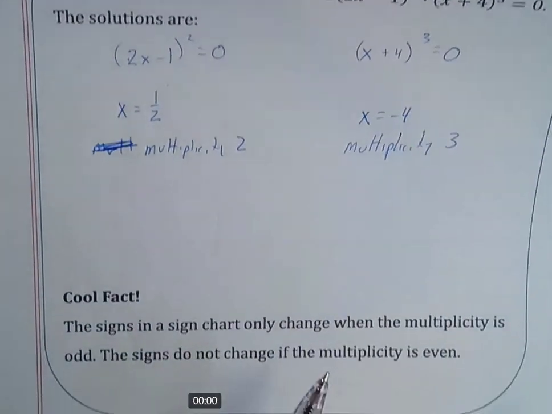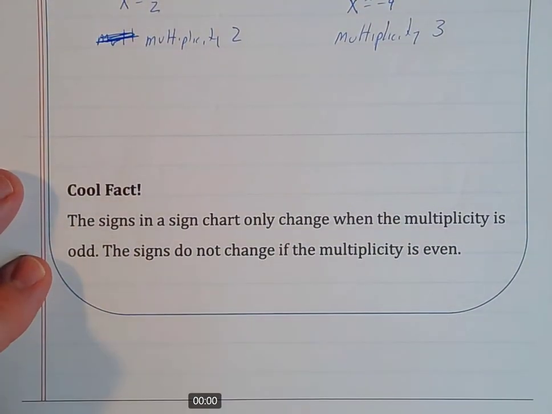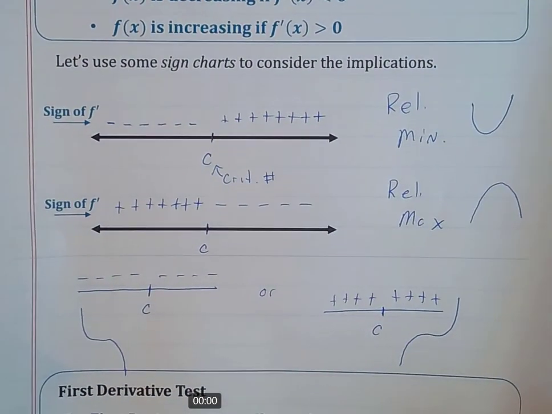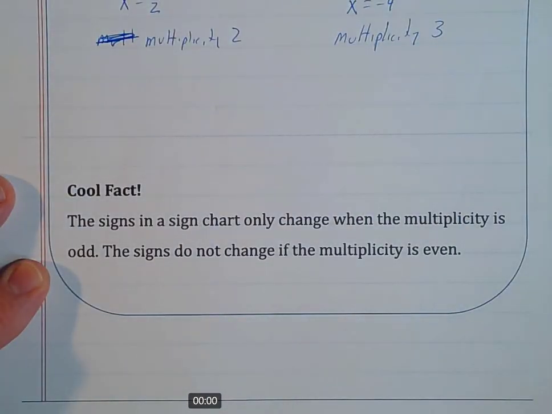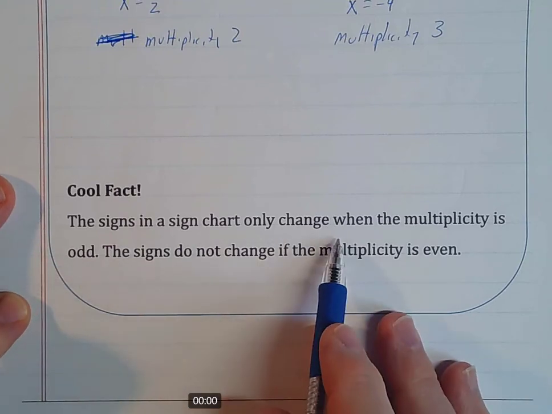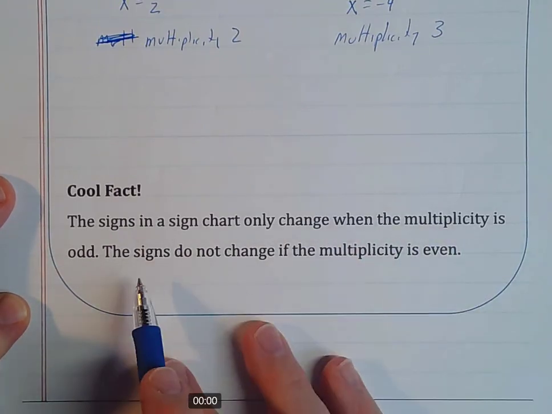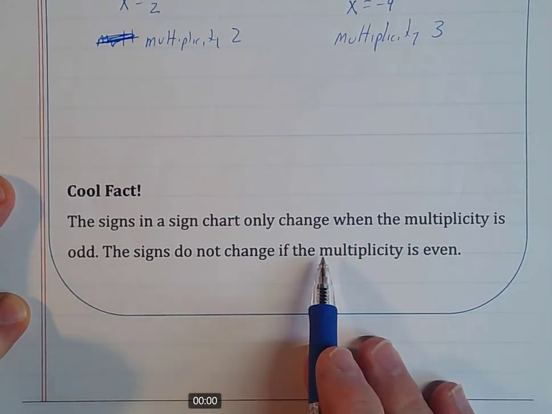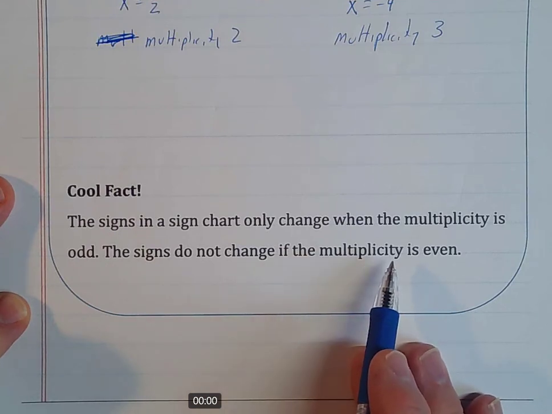So here's a cool fact. In the sign charts from the derivatives, the signs only change when the multiplicity is odd. The signs do not change if the multiplicity is even.